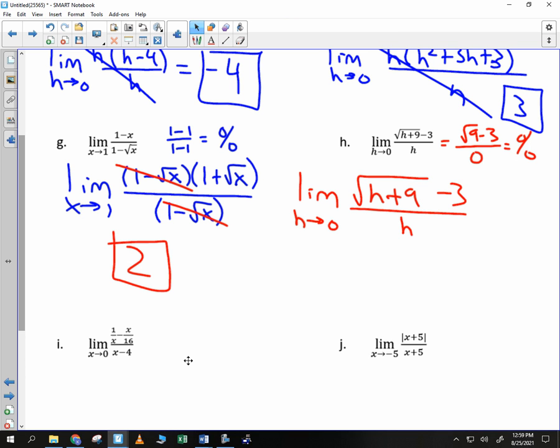The only way to really get these h's to go away is if I get rid of this radical sign altogether, right? We can't just make it go away, right?